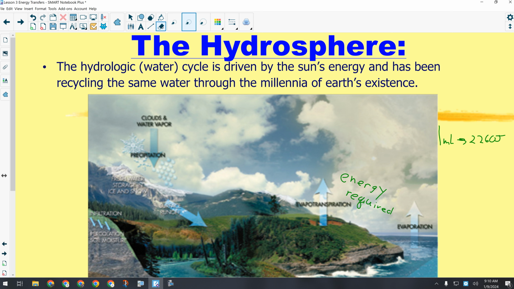So when you see a cloud traveling through the sky, in that cloud are thousands or maybe even millions of liters of water vapor. Does that cloud represent a lot of stored energy? Yeah, like billions of joules. Yes, billions of joules. So the water cycle is a way for energy to move from one place to another.